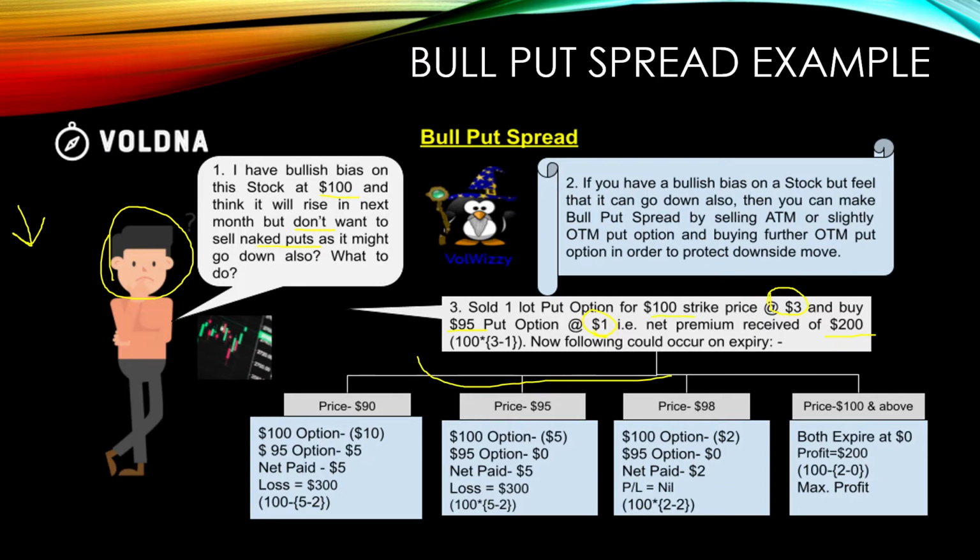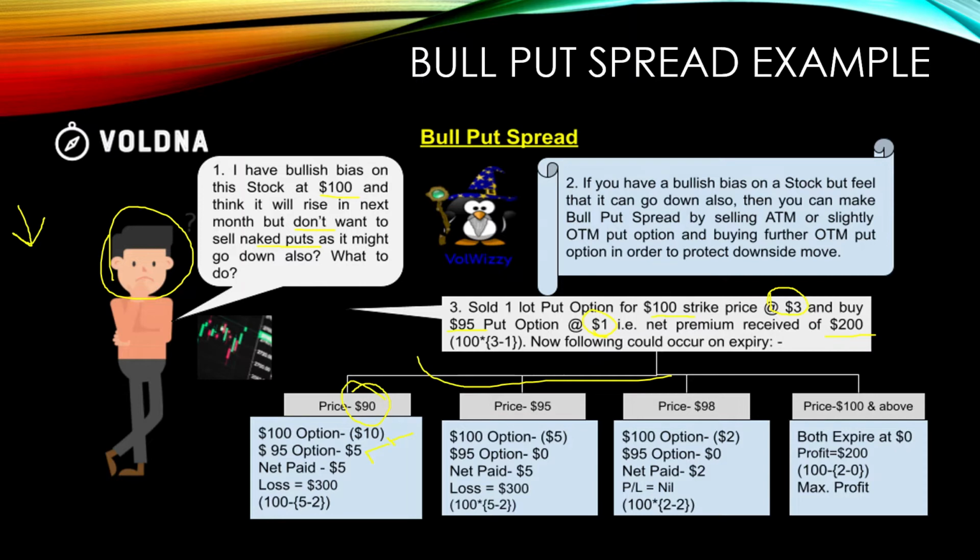Supposedly the stock fell to $90. That means his prediction goes utterly wrong, and instead of rising, the stock falls from $100 to $90. So what will happen in case the stock falls to $90? The $100 put option that he sold will expire at $10, and the $95 put option that he purchased expires at $5.